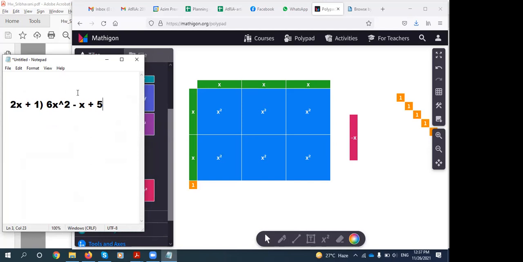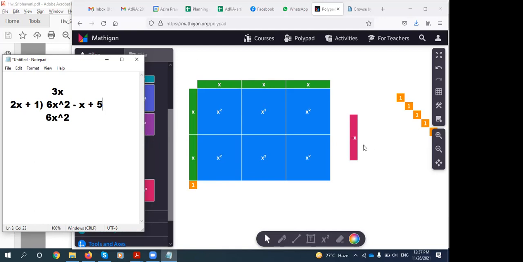Now at this level out here, we have got 3x. If we have 3x here, down here we will have 6x squared. Now we need 3 x's here, right?